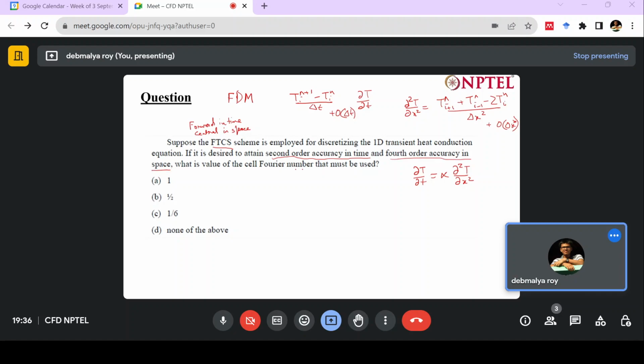Then what is the Fourier number? For second order accuracy in time, we would need to make the next term vanish. What is the next term? The next term would be del square T by del t square multiplied by delta t. So we need to check the coefficient here. So it can be done.